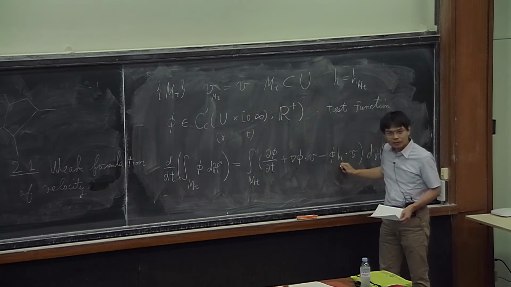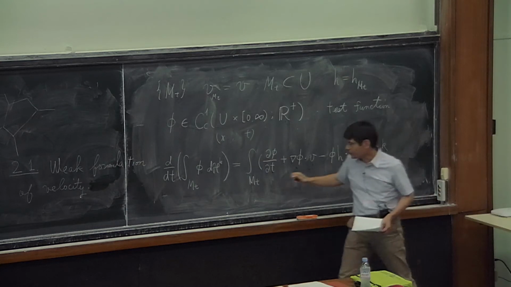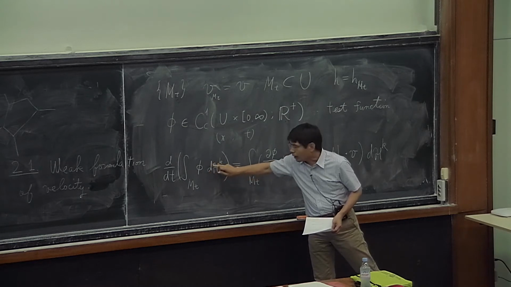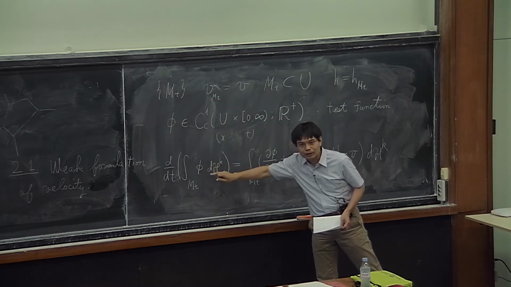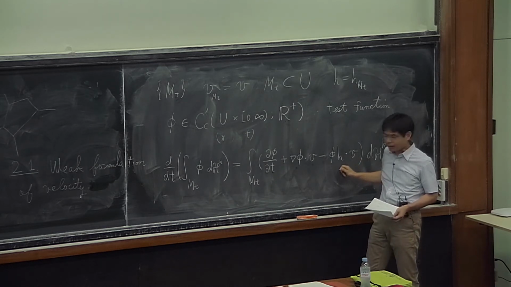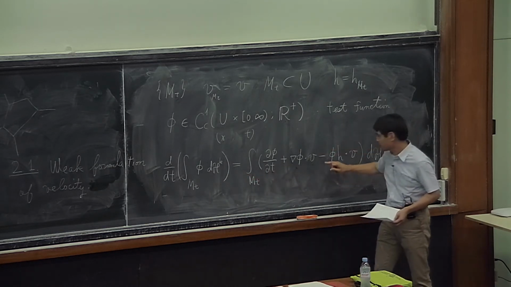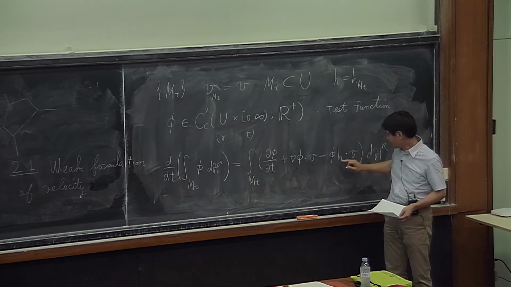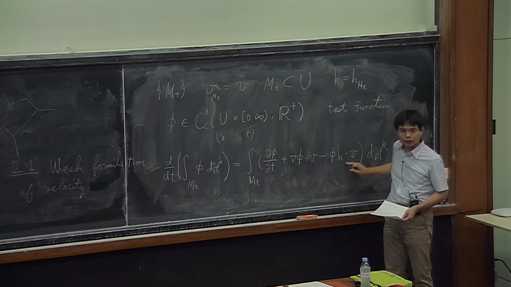And the last term is a bit more complicated, but this is the differentiation of how the area element is changing. So this is like a time derivative of the Jacobian, and you end up having this mean curvature contribution.